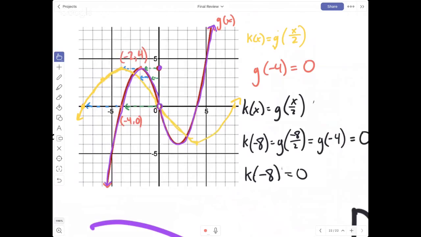Here, this 0 spot is going to move 1, 2, 3 spaces. But when I times by 2 on this yellow graph, 0 times 2, nothing happens.